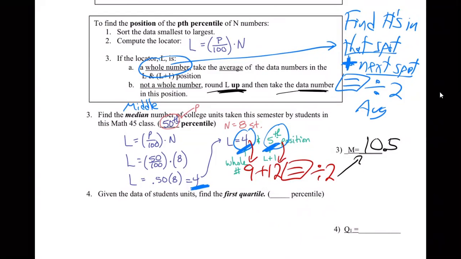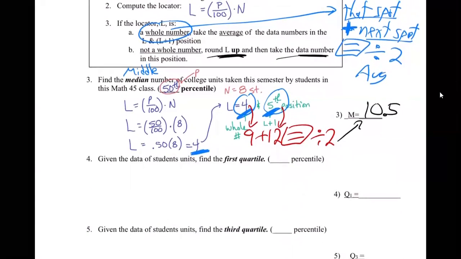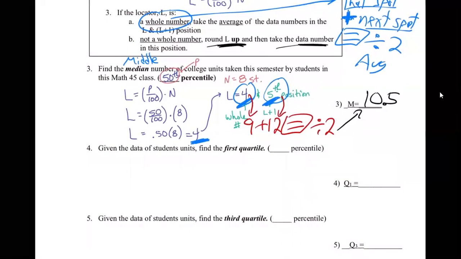All right, let's try number 4. It's going to be pretty much the same thing, so it'll be good to practice another one. On number 4, we're supposed to find the first quartile. Now the first quartile, imagine a football game or a basketball game. Let me just draw it out. Basketball and football are broken into 4 quarters, right?